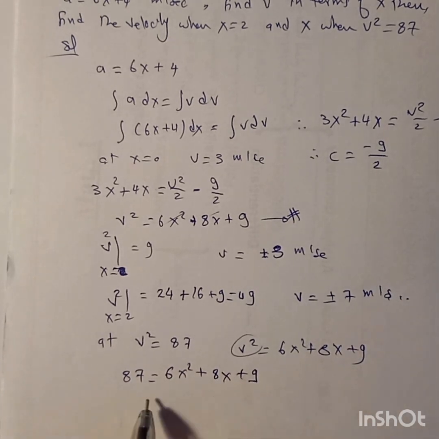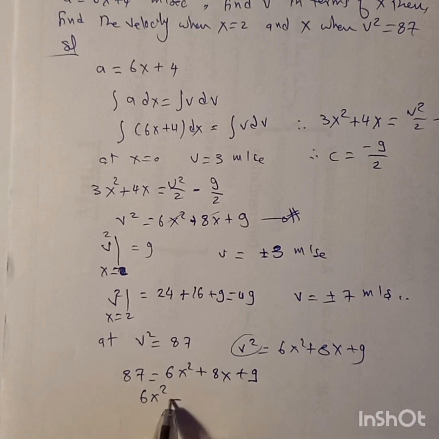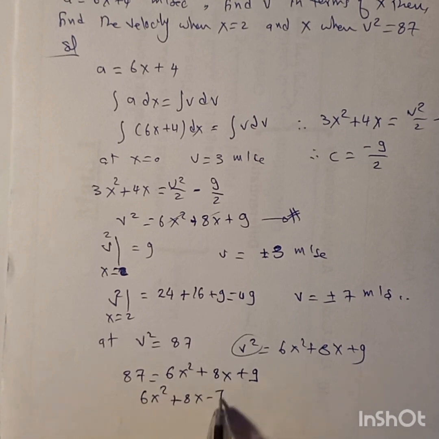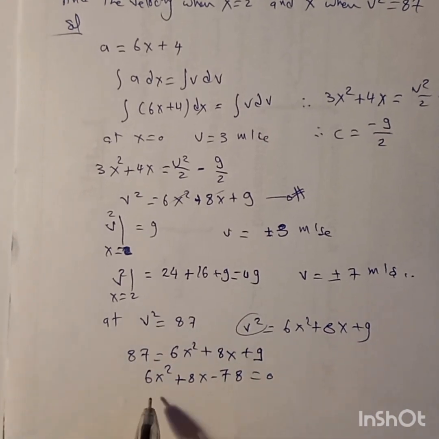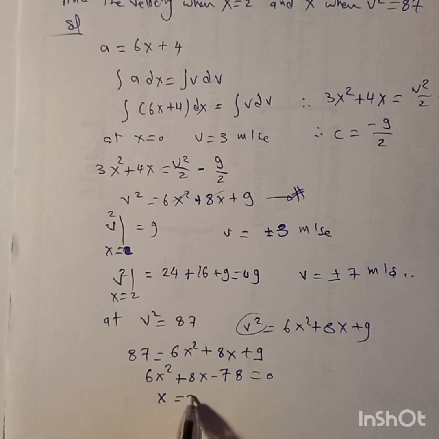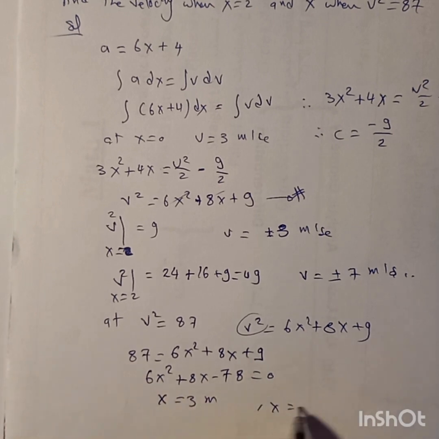Then we have 6x squared plus 8x minus 78 equals 0. By factorization we find x equals 3 meters or x equals negative 13 over 3 meters, and this is required to find.